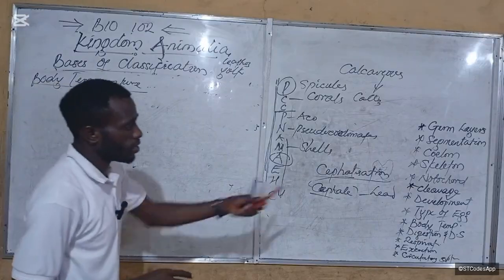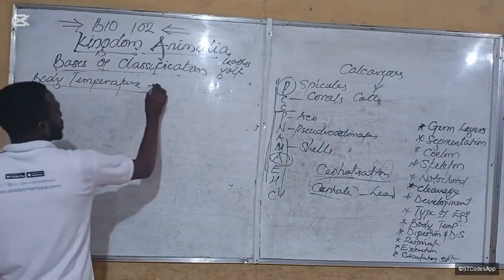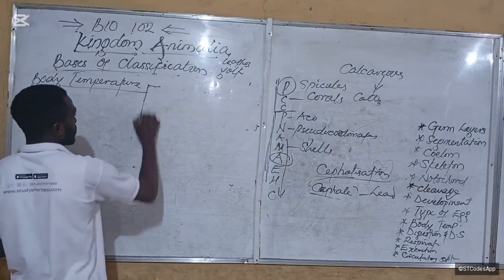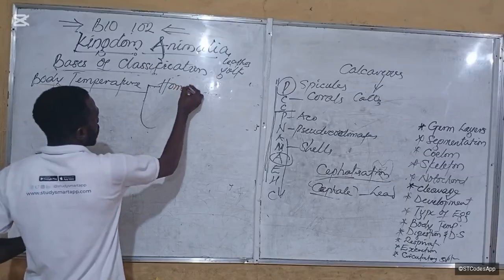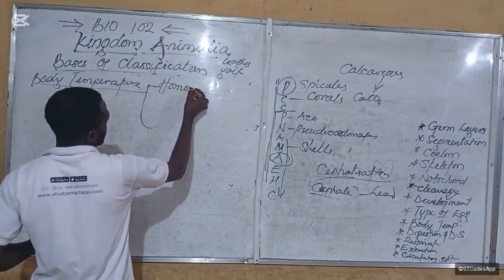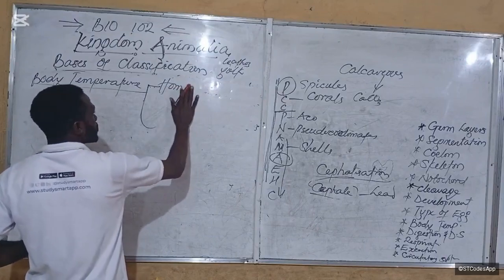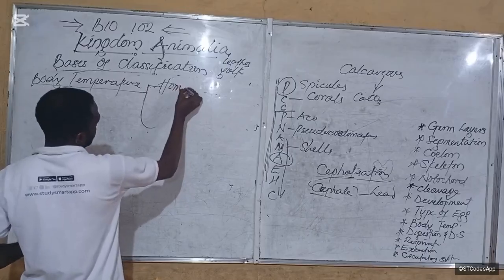Organisms are divided into two based on the body temperature. We have the homeotherms.